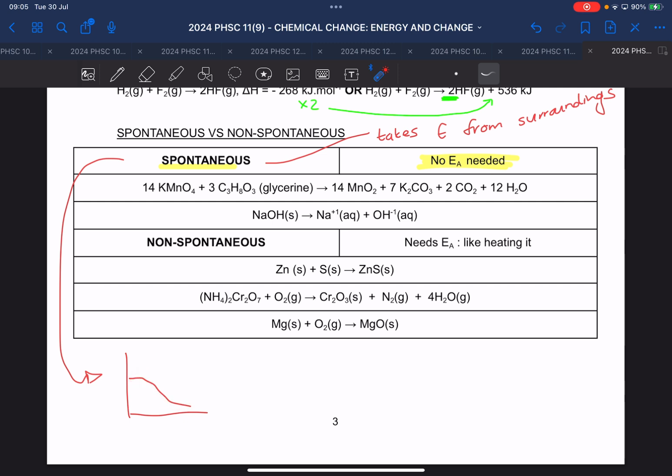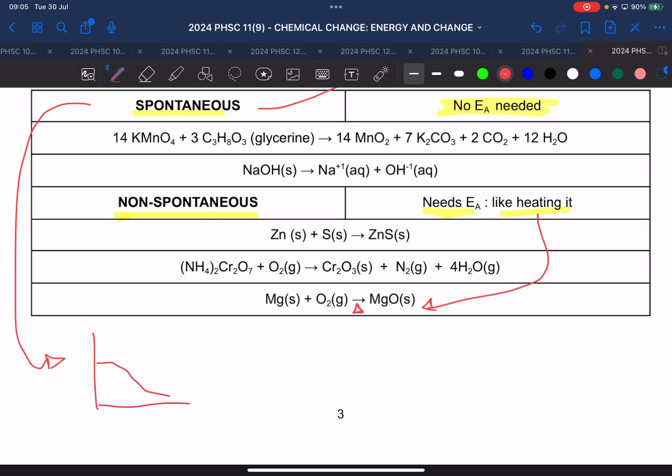And then non-spontaneous reactions need activation energy, like heating it up. And this is what happened with magnesium. I had to put a flame there. I had to heat it up to get the process going. And when the process started, it just happens by itself. Okay, so here you'll have a triangle under the arrow every time.